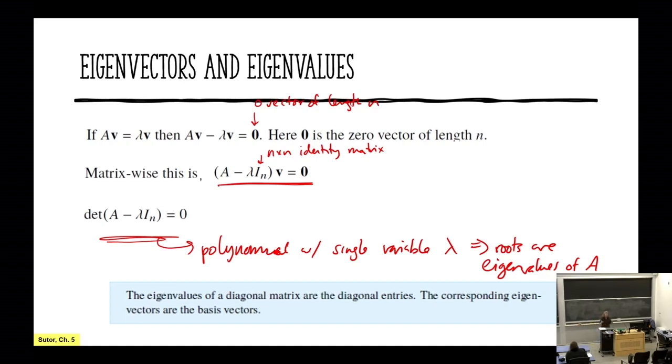But we can start there and build up to more complex systems. The corresponding eigenvectors of this kind of diagonal matrix are the basis vectors.